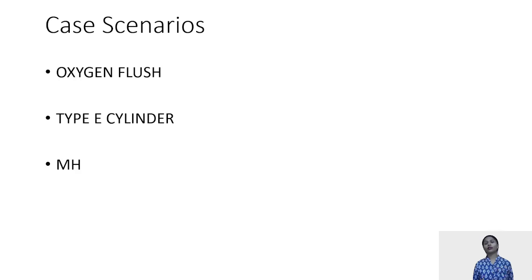Then type E cylinder. For example, if the pipeline goes off, you are doing a case and the central supply shuts off, then how much is the volume of the cylinder or the oxygen that can be delivered to the patient? So I've already told you about the tank factor. Type E is the cylinder which is generally attached to the anesthesia machine. Done. And the tank factor, you know, of the type E cylinder.